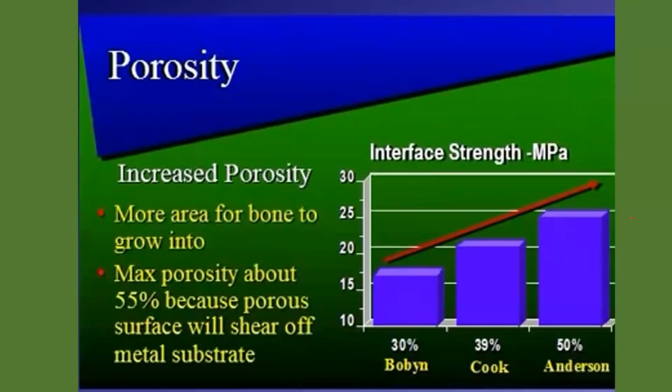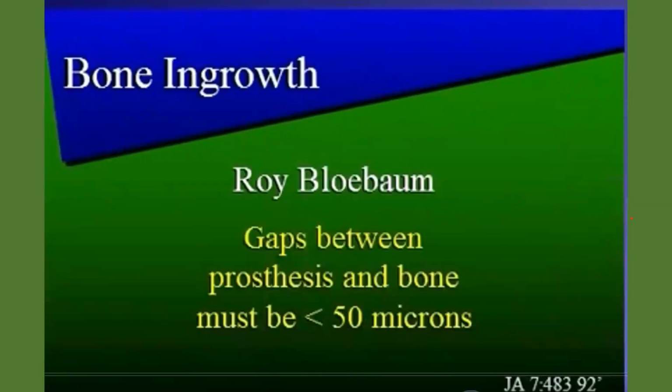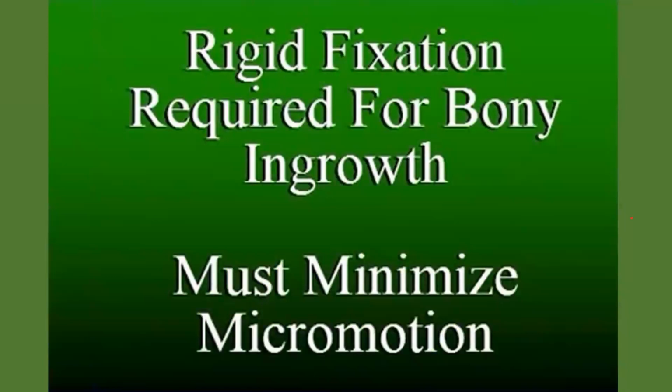Otherwise, it would shear. The gaps between the prosthesis and bone should not be more than 50 microns. It should be less than 50. Why? Because if you don't have this contact or a closer area, bone won't ingrow. So you have to minimize micromotion.